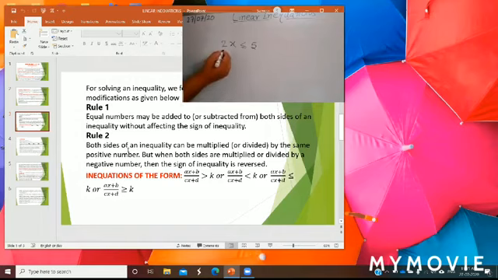Now if you multiply by minus 1 on both sides, here you have -2x and here you have -5. In that case, the sign of the inequality changes. So if you are multiplying by a negative sign on both sides, the sign of the inequality is also reversed. You have to reverse the inequality.